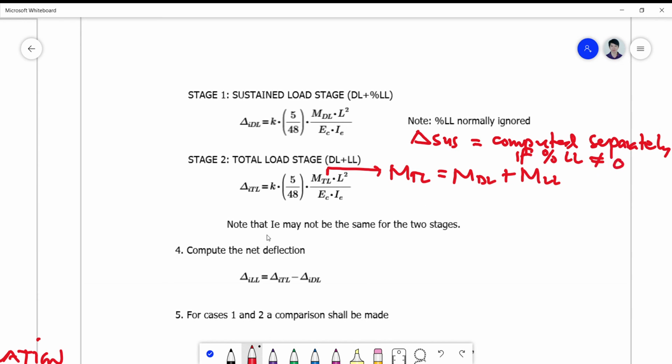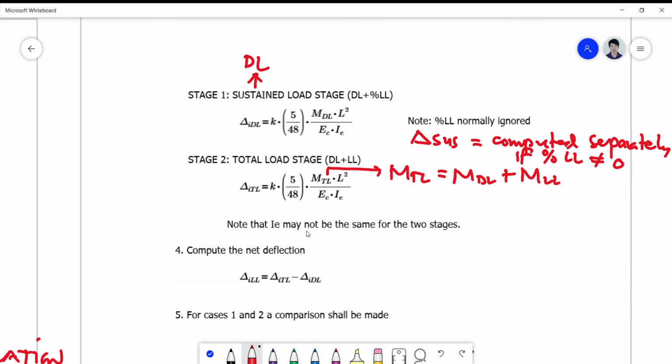So note that IE here may not be the same for the two stages. Okay, why? Because we are considering different crack patterns on the sustained load stage or the dead load stage with the total load stage.